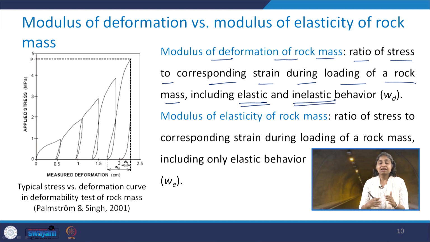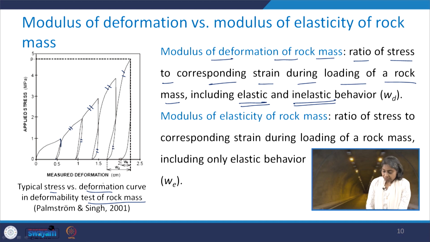Now, let us say that I conduct a test where I load it and then unload it and further load it, and likewise I have a few cycles, as shown in a typical stress versus deformation curve in the deformability test of the rock mass. So, the first cycle loading, then unloading, then second cycle loading, unloading, third cycle, fourth cycle, and then fifth cycle, and similarly you have the unloading part as well.